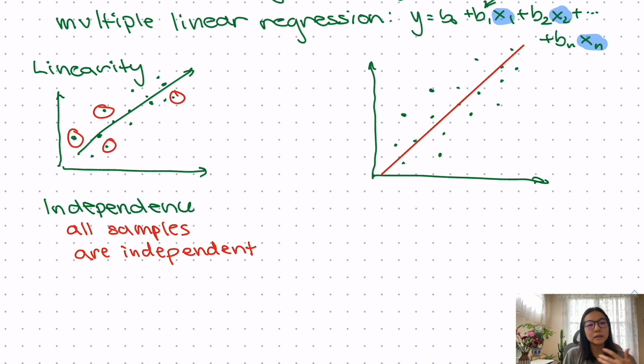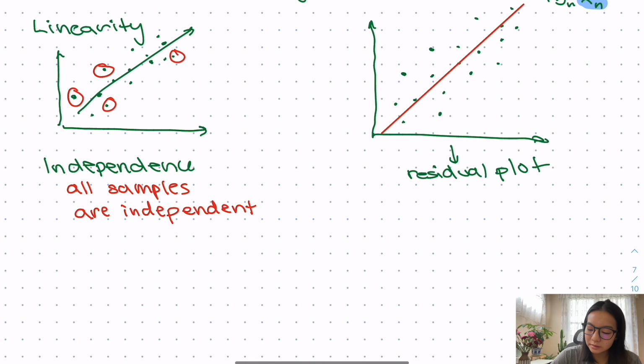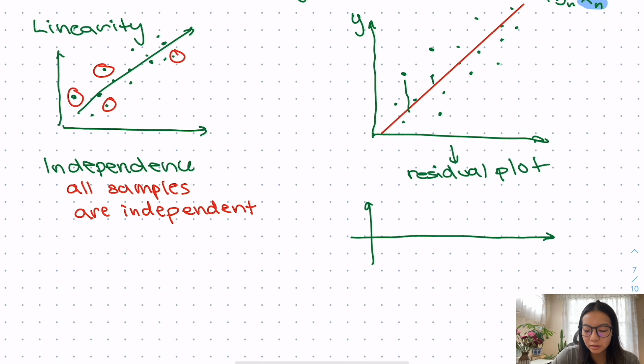In order to look at these normality and homoscedasticity assumptions, let's look at the residual plot, okay? I'm going to keep my same x-axis, but instead of plotting where they are relative to this y, I'm going to plot these errors. So now I'm going to plot y minus y-hat, like this, okay?